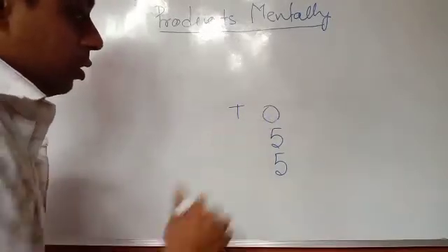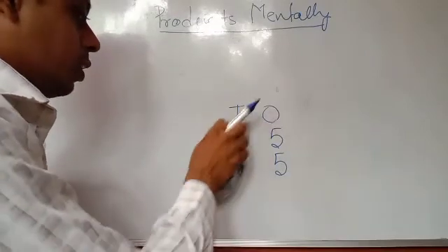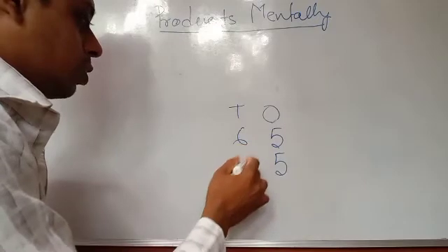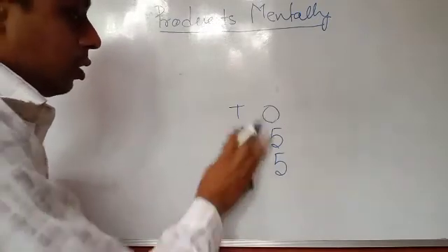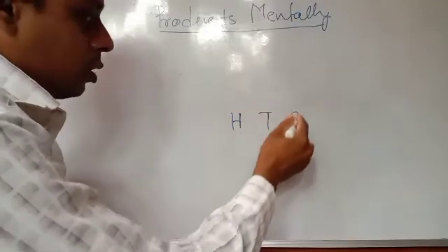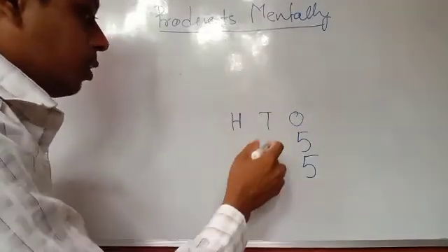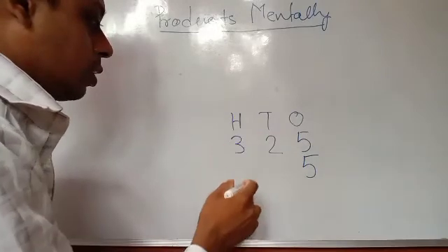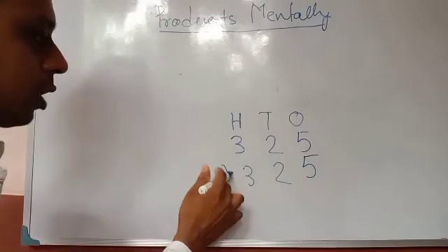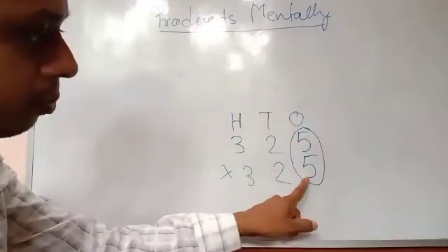Now here you can write 7 and 7 also, or 6, that also I have shown you. But in case of 3-digit number, 100, 10 and 1, similar way, that in one place always there will be 5. Here you write 2, here you write 3, 2 5. So like this way also you can multiply. But condition, in one place always there will be 5.